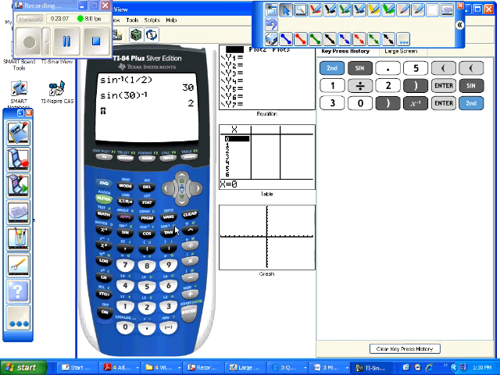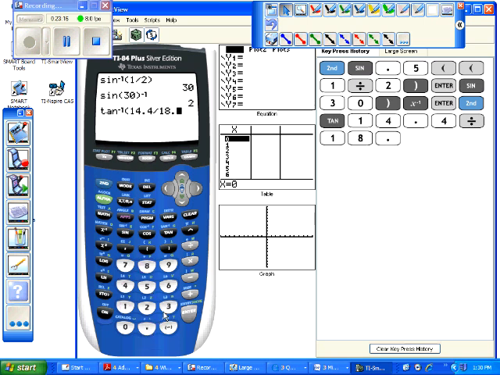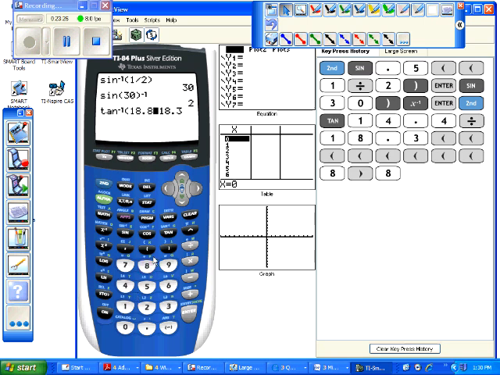So we go second tangent, 18.8 divided by 14.3.